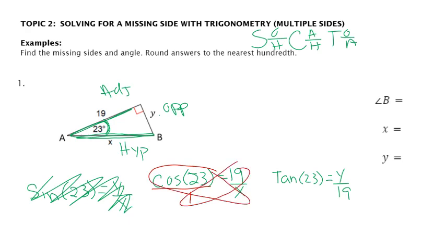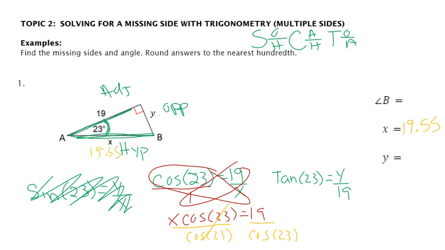So if I solve for x here, I have x times cosine of 23 is 19. I'm now going to divide by cosine of 23. And for x, when I do that, I'm actually going to get 19.55. Now, I can use Pythagorean theorem if I want to finish solving it.